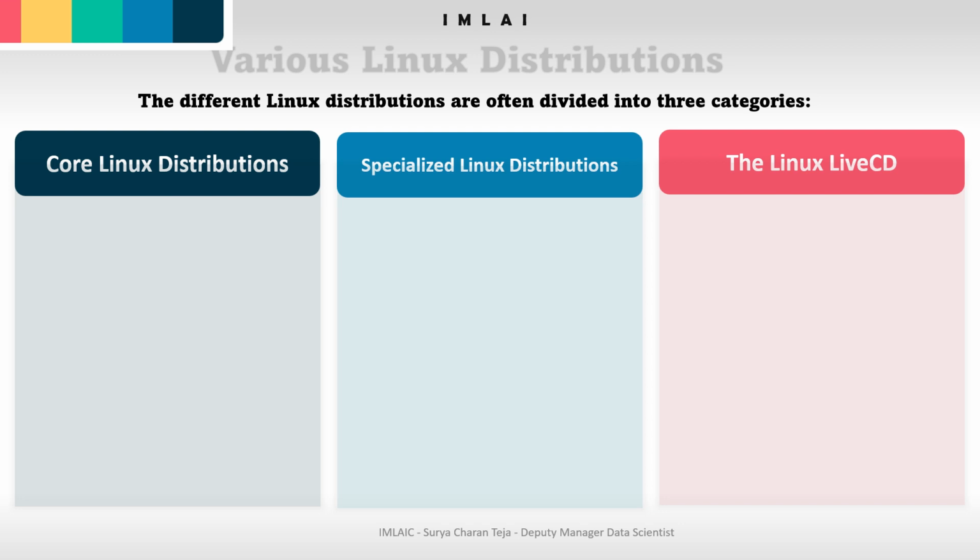The first one we have is core Linux distributions. A core Linux distribution contains a kernel, one or more graphical desktop environments, and just about every Linux application that's available pre-compiled for the kernel.